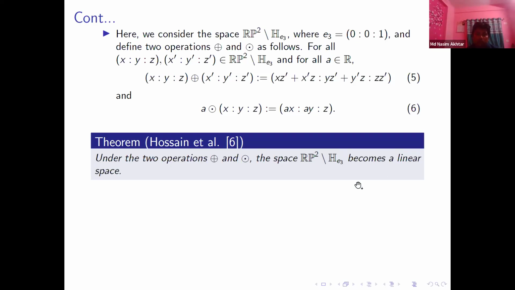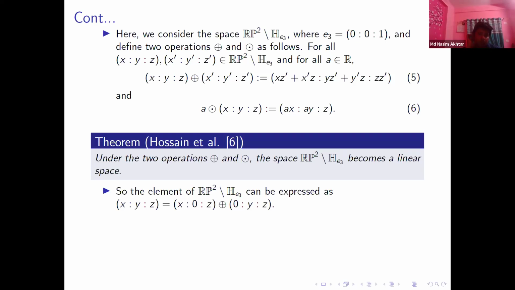So to define a fractal interpolation function on projective space, one needs that linear space structure of that space. So now we are in a position to construct a fractal interpolation function. From this result, one thing is clear, that any point (x, y, z) can be expressed as (x, 0, z) plus (0, y, z).